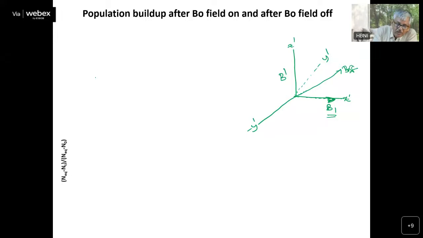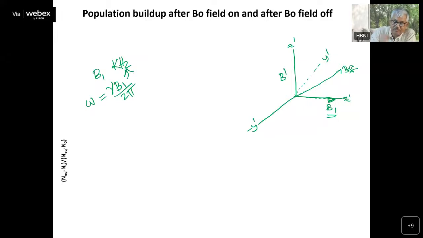Normally the B1 is given in kilohertz. When you use an NMR machine, you will see the B1 is given in kilohertz. It is nothing but omega equal to gamma B1 divided by 2 pi, and that is why the B1 unit is given in kilohertz.